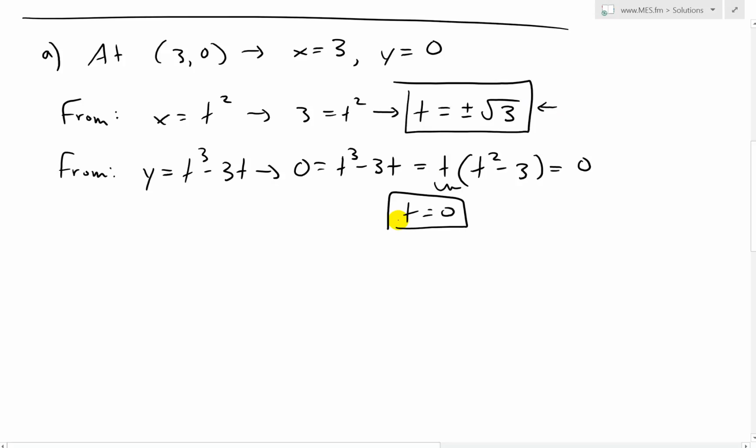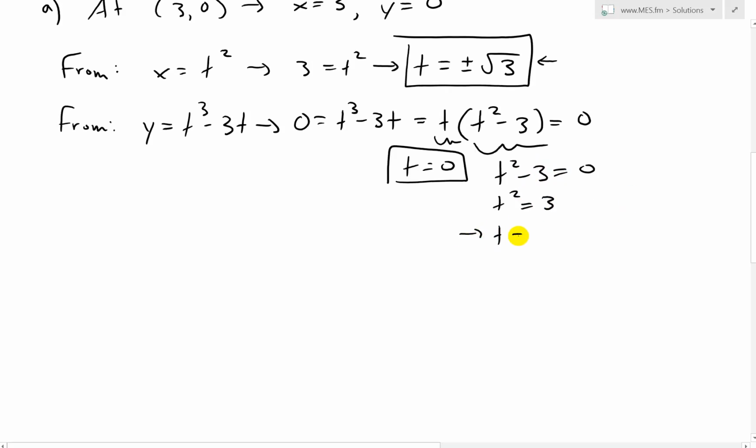Otherwise, t squared minus 3 has to equal 0. In other words, t squared equals 3. Move it over, so again we have t equals plus or minus square root 3.